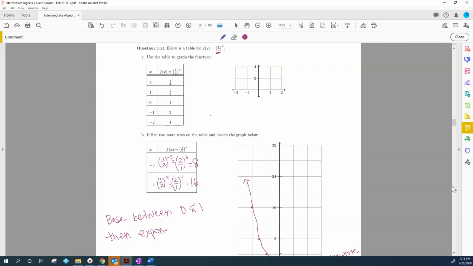We're going to talk about these more later when we are dealing with story problems that involve exponentials, and how we can look at the graph and tell if it's exponential growth or exponential decay that is happening. Okay.